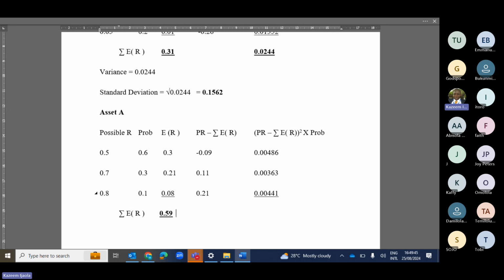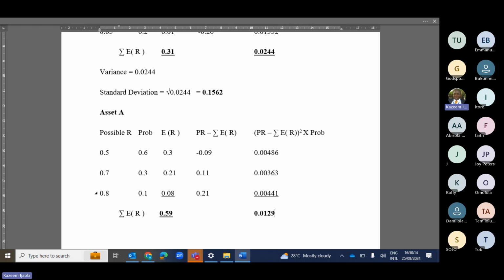So if we add it up, what do we have? 0.00486 plus 0.00363 plus 0.00441. We got 0.0129.